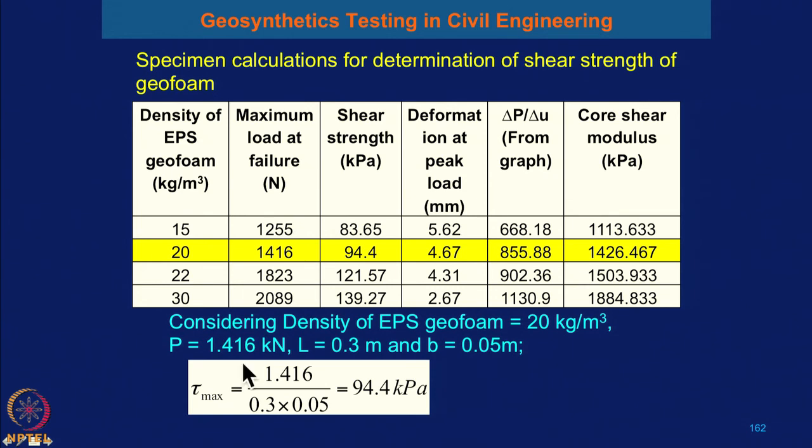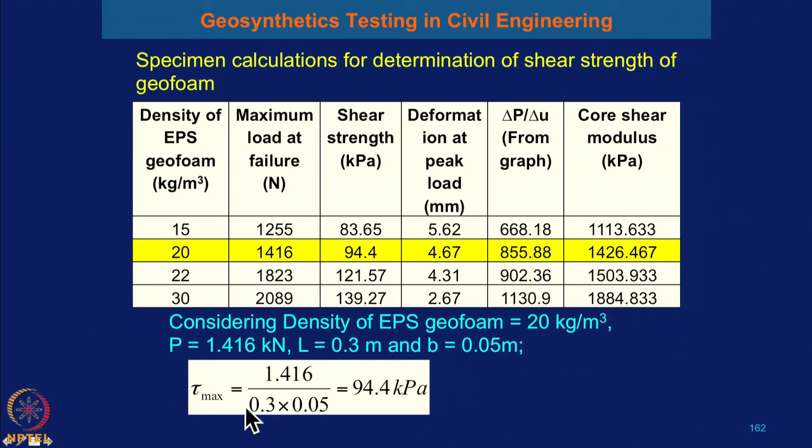Here I am showing only one calculation for 20 density, considering the density of the EPS geoform is 20 kg per meter cube, and P is 1.416 in kilonewton. You know the length of the sample is 0.3 meter and the width is about 0.05 meter.